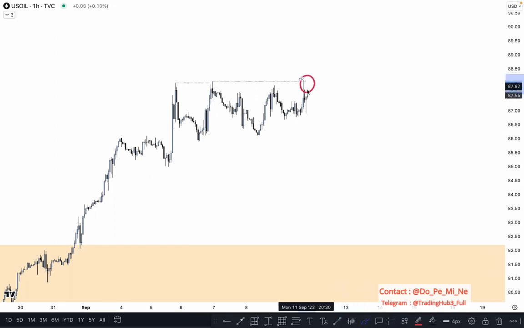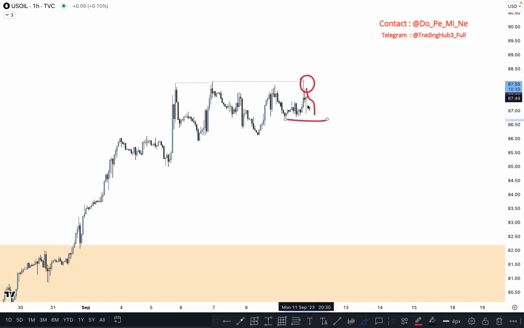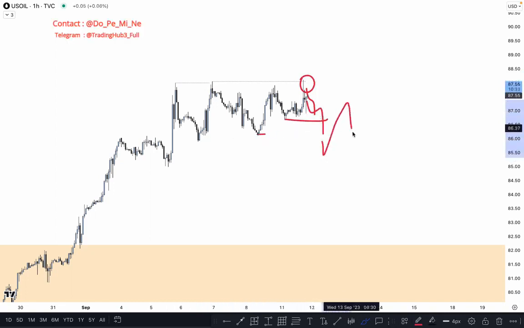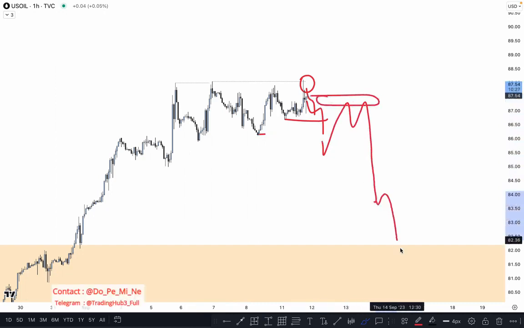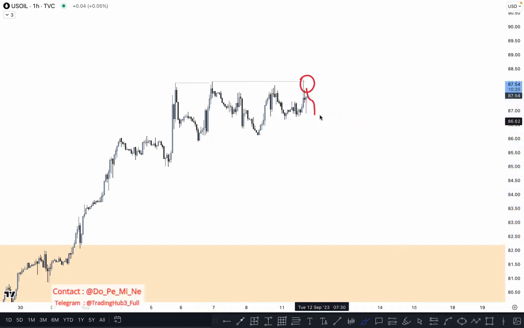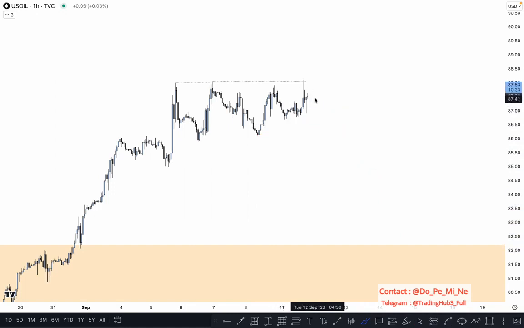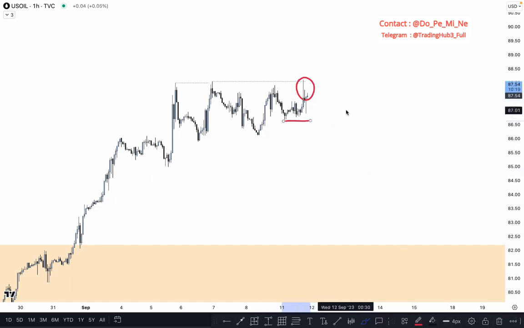Here we can sell for the short term, till this low is broken at least, and because this is a previous low, once it breaks we can sell till this mitigation. Right now there is no possibility for a direct sell, but you can sell for the short term till this low at least. EURUSD we have done.